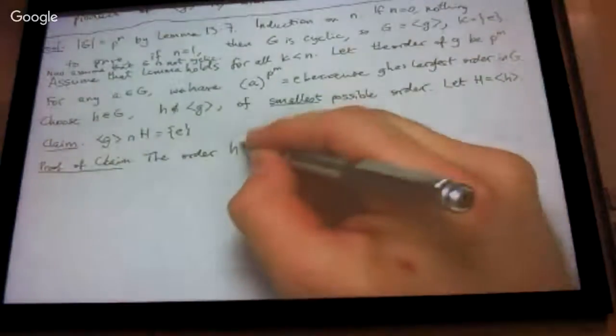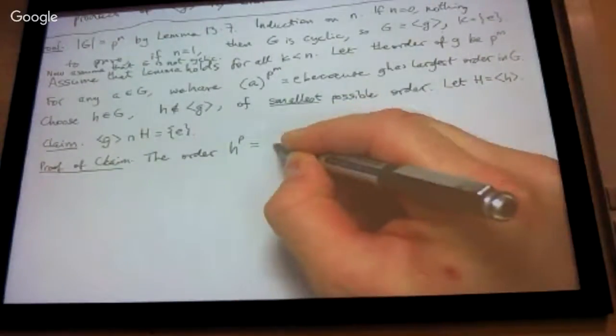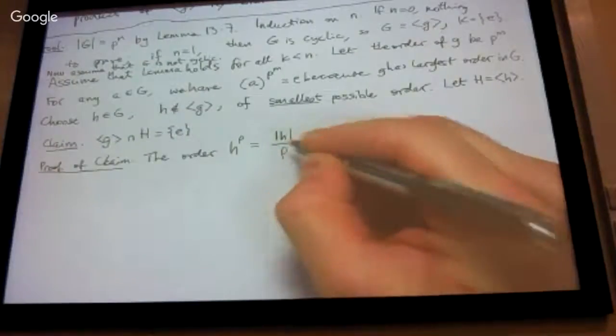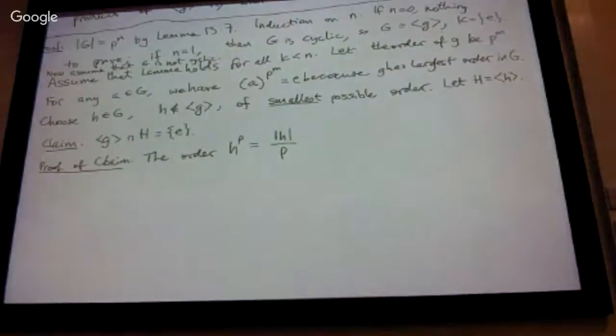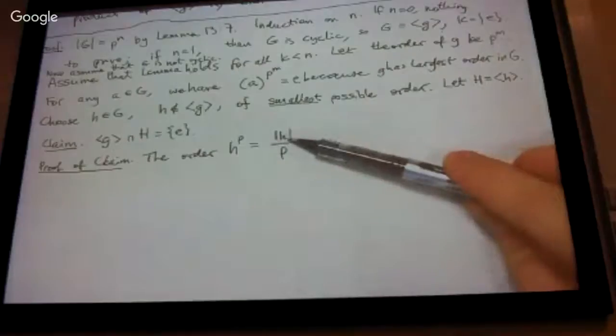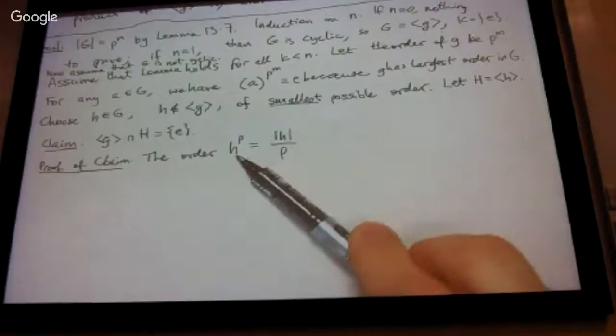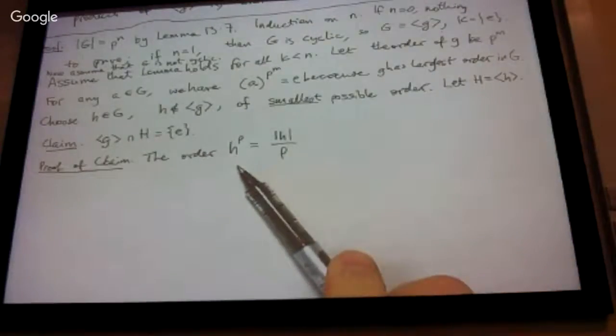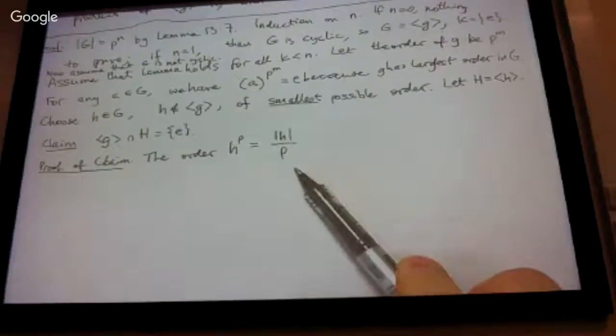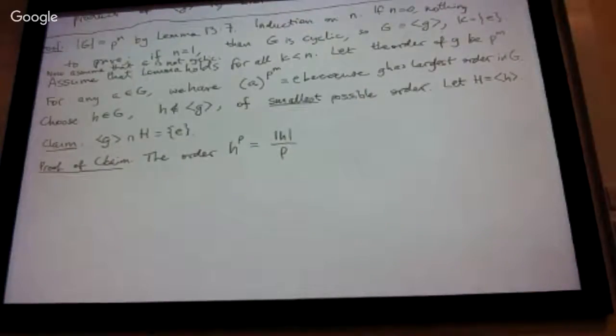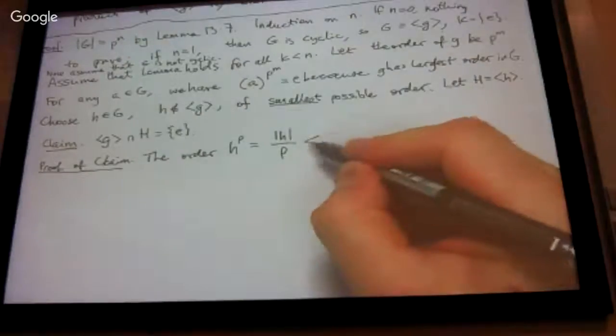The order of h to the p is equal to the order of h divided by p, because that is a power of a prime. So if I already do p multiplications, I only have to do p times fewer multiplications to get the identity. And this is less than the order of h.